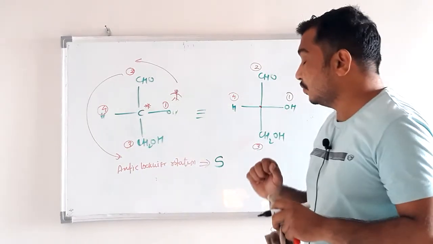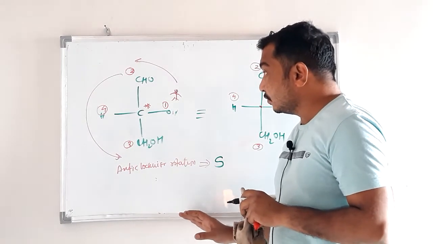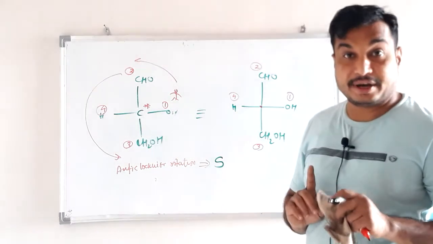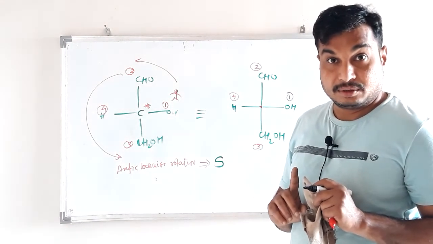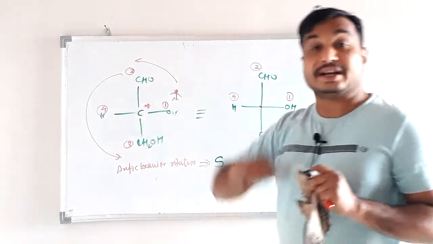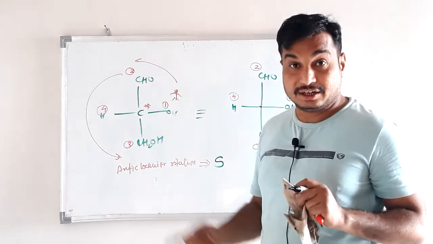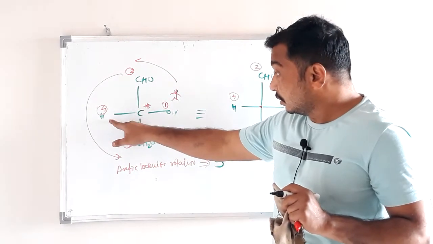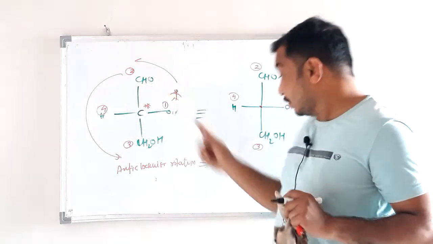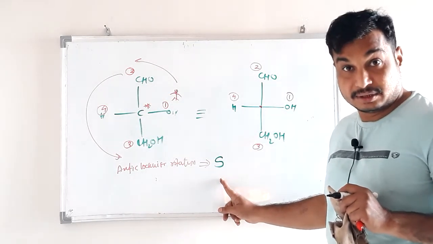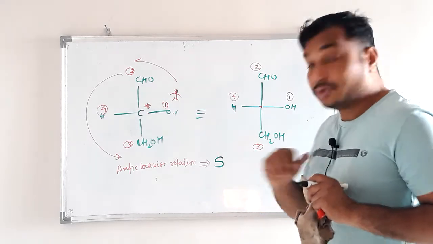But during this process we have not considered the lowest priority group. The lowest priority group is on the front side, and we want it on the back side. Without putting this group on the back side, we have given this symbol, so it is wrong. What do we have to do?